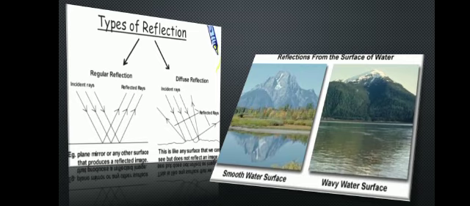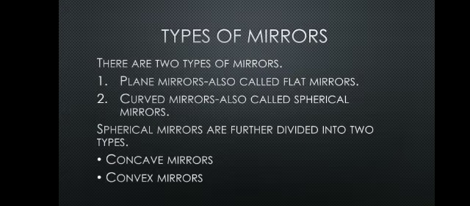In the second figure, you can see the wavy water surface which acts as an irregular surface, so the laws of reflection are not obeyed there, and a clear image is not formed on the wavy water surface. It is called diffused or irregular reflection.